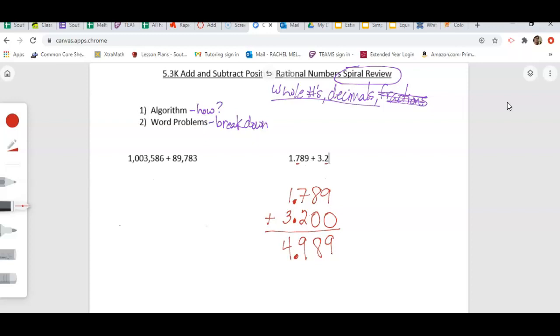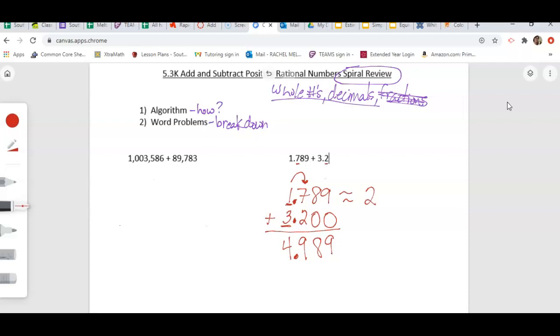Okay, so I'm going to do the same thing that we did over here, and we're going to estimate to check for reasonableness. Since both of these have whole numbers, I'm going to round to the nearest whole number. If I'm looking at the ones place and next door there is a 7 that is greater than 5, I would say that this rounds up to 2.